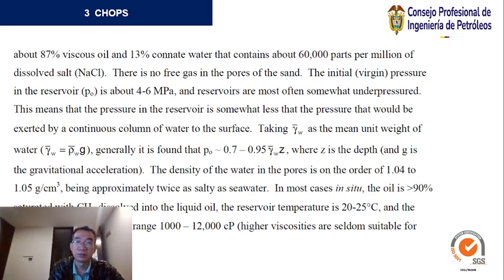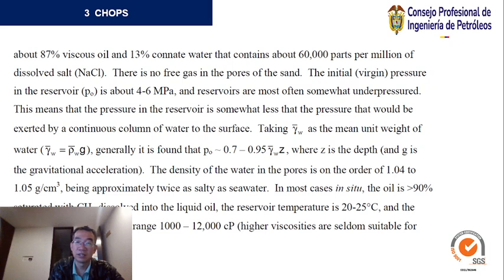The initial pressure in the reservoir is about 4 to 6 megapascals, and reservoirs are most often somewhat under-pressured. This means that the pressure in the reservoir is somewhat less than the pressure that could be exerted by a continuous column of water to the surface.